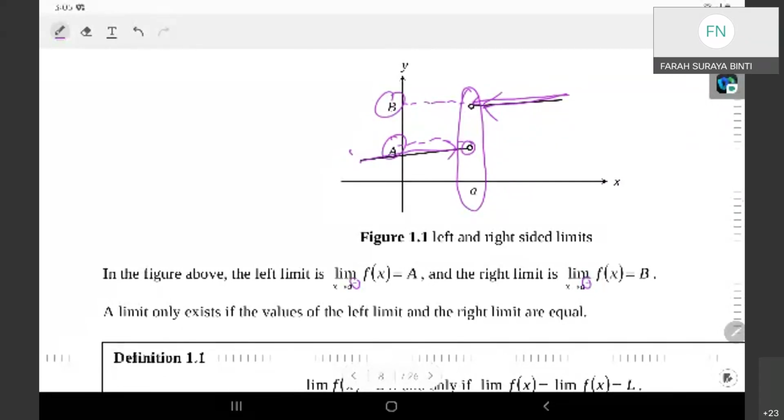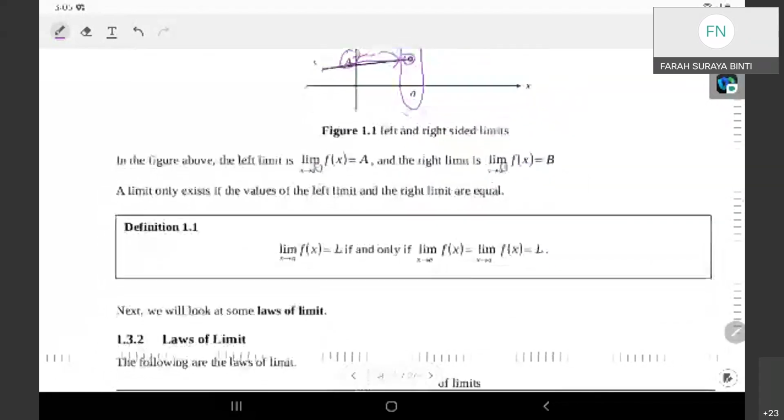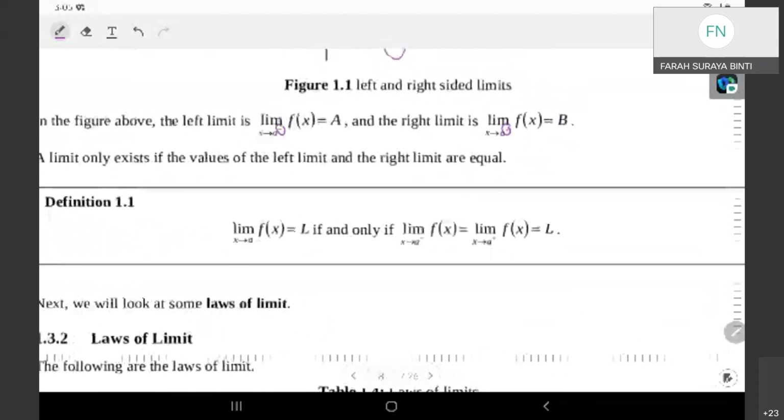A limit only exists if the values of the left limit and right limit are equal. So if the value of the left and right limit are not equal, we can say that the limit does not exist. Okay, so it is stated in this definition, definition 1.1.